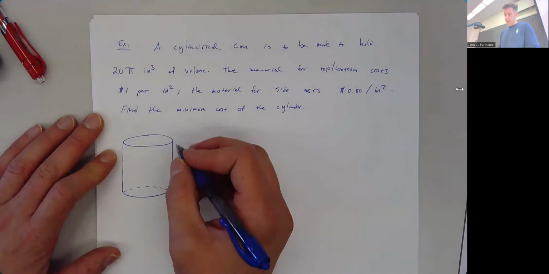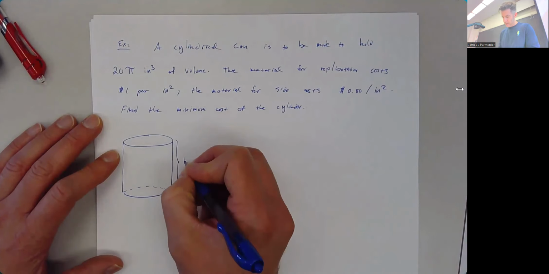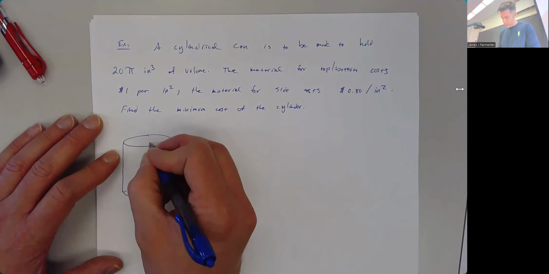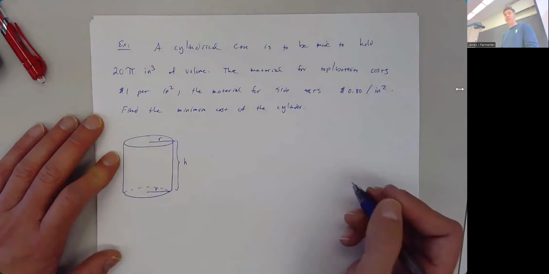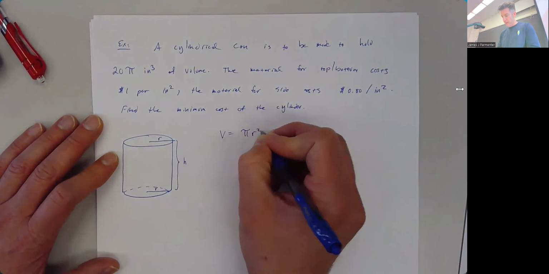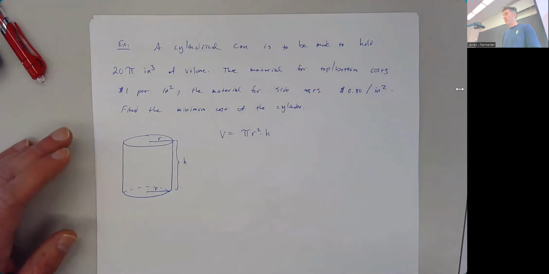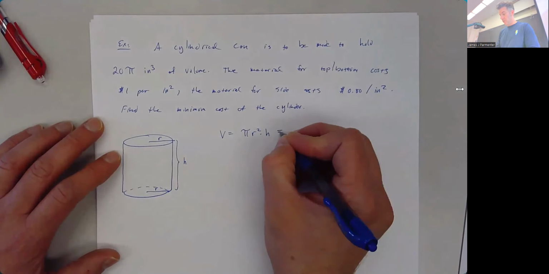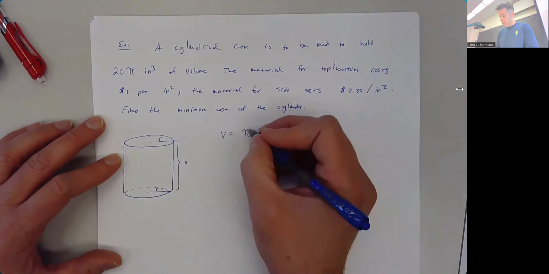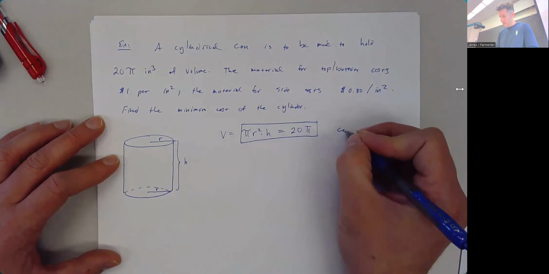So we should label some sides. There's your height. There's your radius. And the equation for the volume of a cylinder is pi r squared times height, or the base area of the circle times the height of the thing. And we need that to be equal to 20 pi. That's our constraint, that the volume of the cylinder is equal to 20 pi.